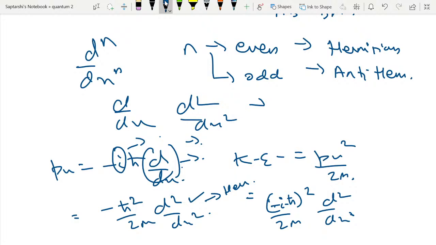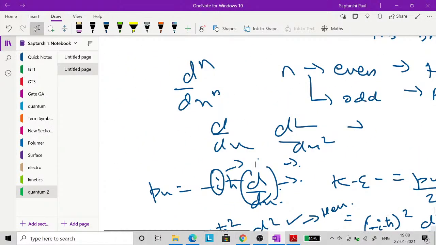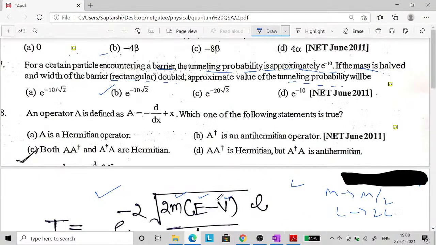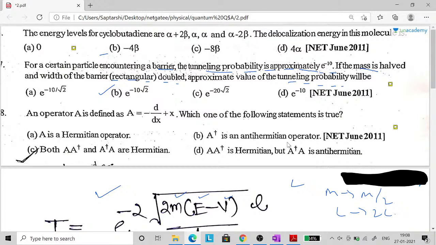Okay, so over here it asks which statement is true, A Hermitian or A anti-Hermitian.